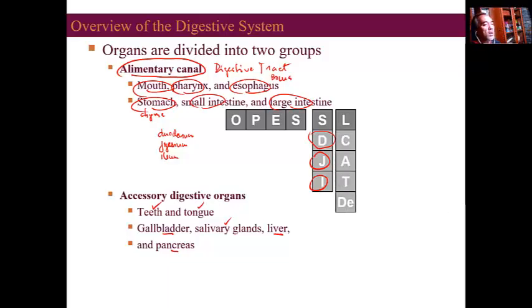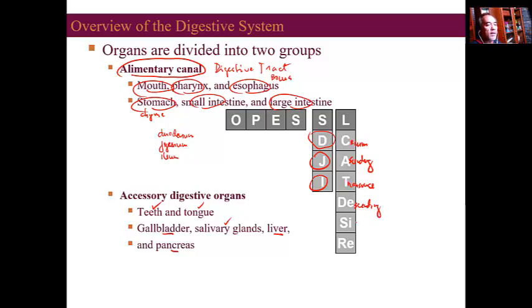I use the mnemonic CAT desire to say what the different parts of your large intestinal tract are. C is cecum. A is ascending colon, so it's going up. T is transverse, so it's going horizontal. DE is descending colon, going down.